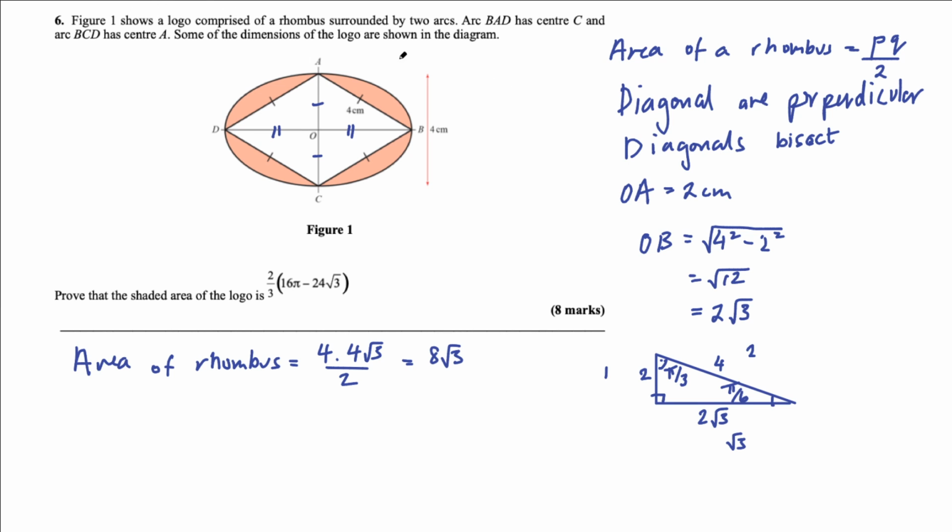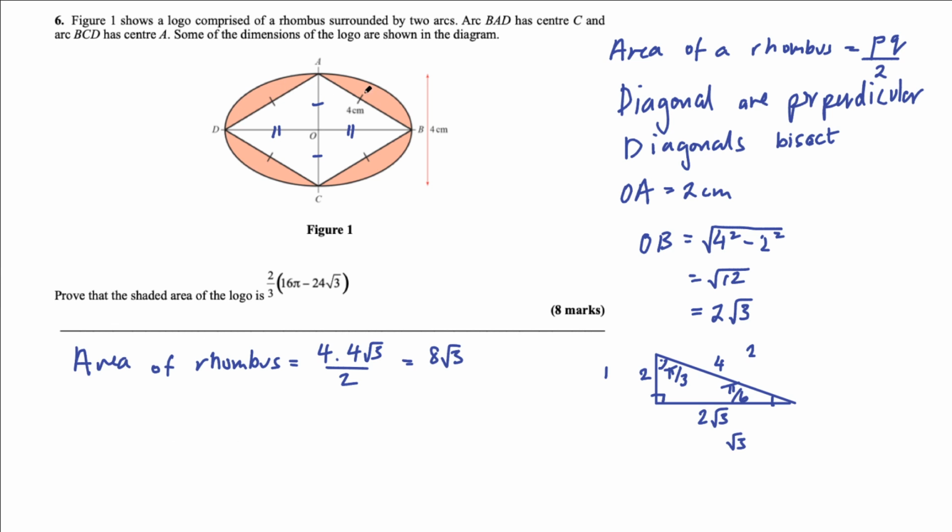Yeah, they don't say ellipse. They say it's an arc. When they say arc, it could be a circle or it could be an ellipse. If it is a circle, it'll still come out with the same answer, but we can't assume it's a circle. I hope that makes sense.